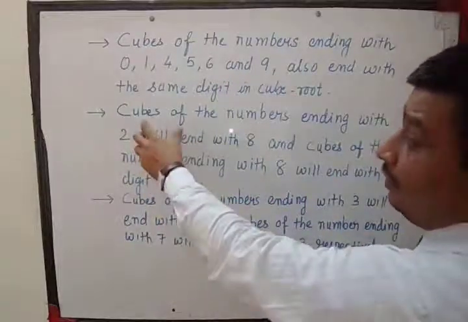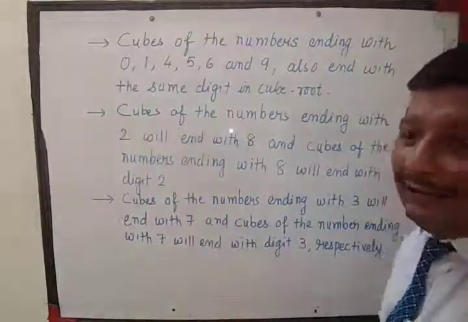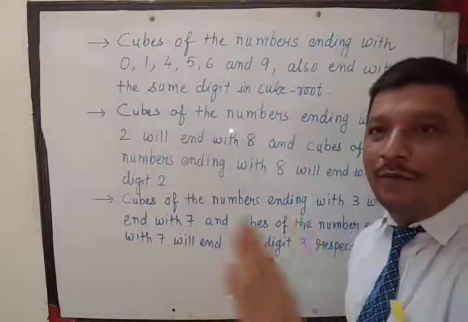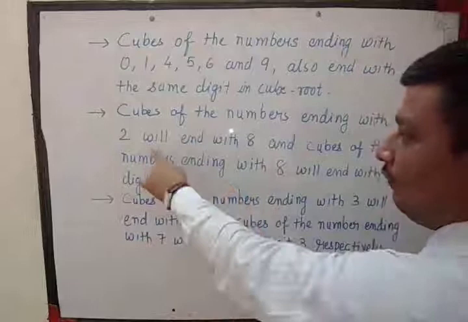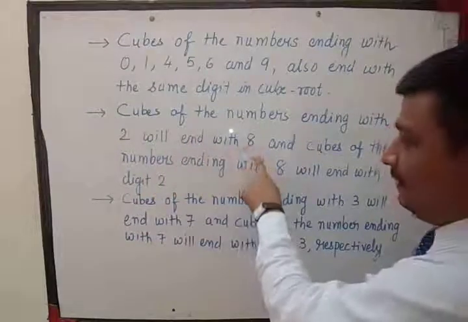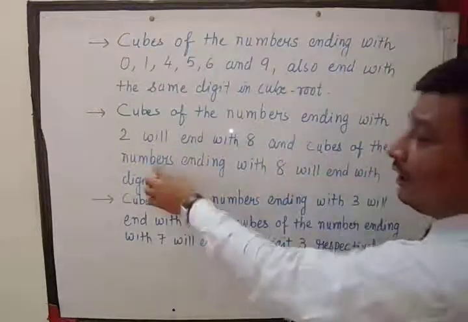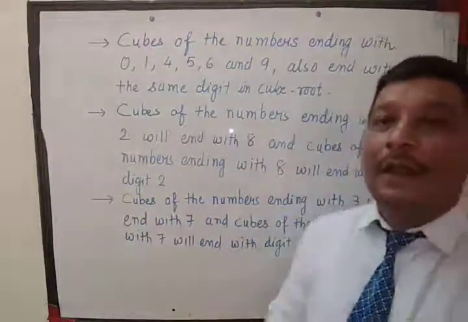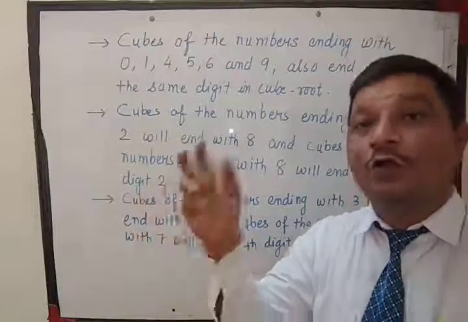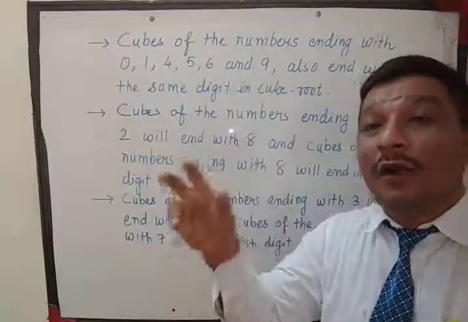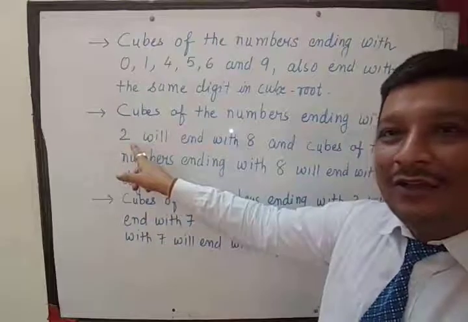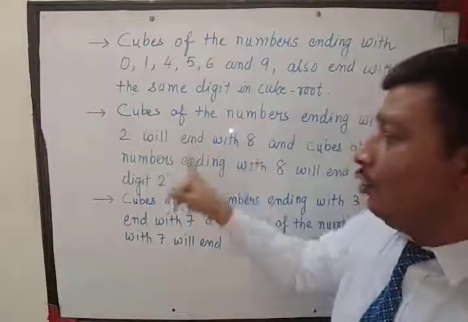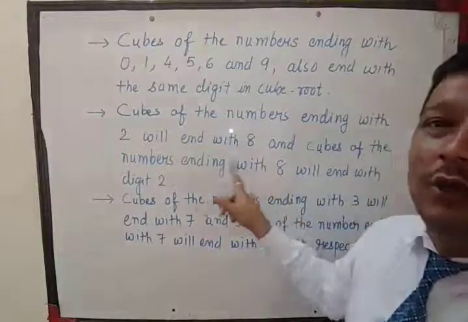Next point. Now what about 2 and 3? The cube of a number ending with 2 ends with 8, and the cube of a number ending with 8 will end with 2. Vice versa. अगर कोई cube number है, उसका unit place digit अगर 2 है, तो उसका cube root का क्या होगा? 8. और अगर cube का 8 है, तो उसका cube root 2 हो जाएगा.